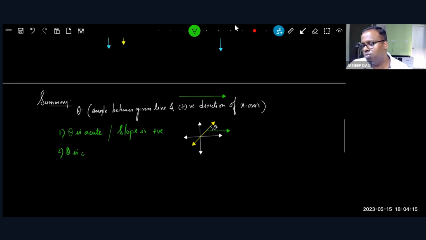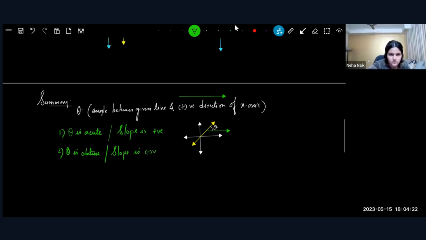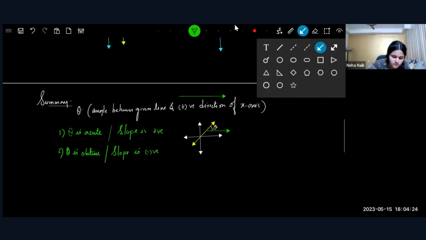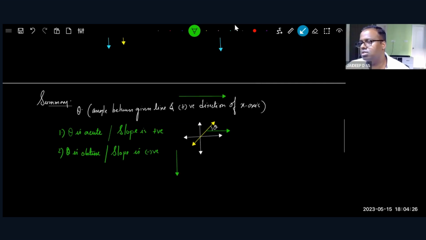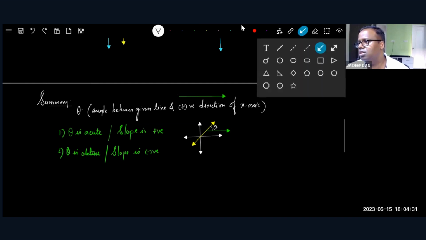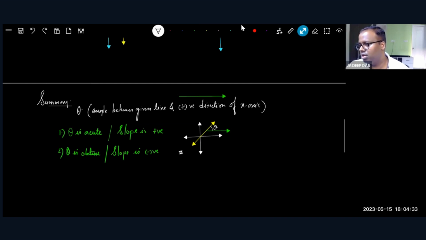Number 2: theta is obtuse. The slope is negative. So let's make an obtuse case. How will the obtuse case look? Like this.